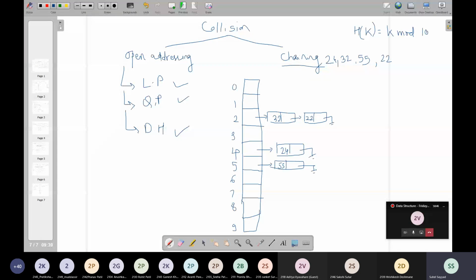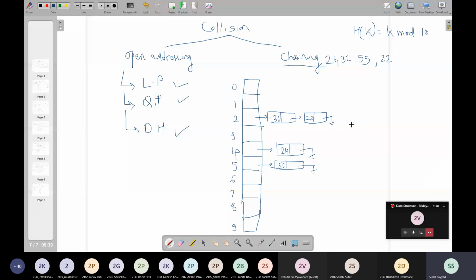So tomorrow if I ask you to search 22, how will you search 22? You will apply 22 mod 10, and in that linked list, you will do a traverse. So instead of traversing all the linked lists, you only traverse the linked list which is indexed from 2. So if a collision is there, then only constant complexity will be compromised to some extent.